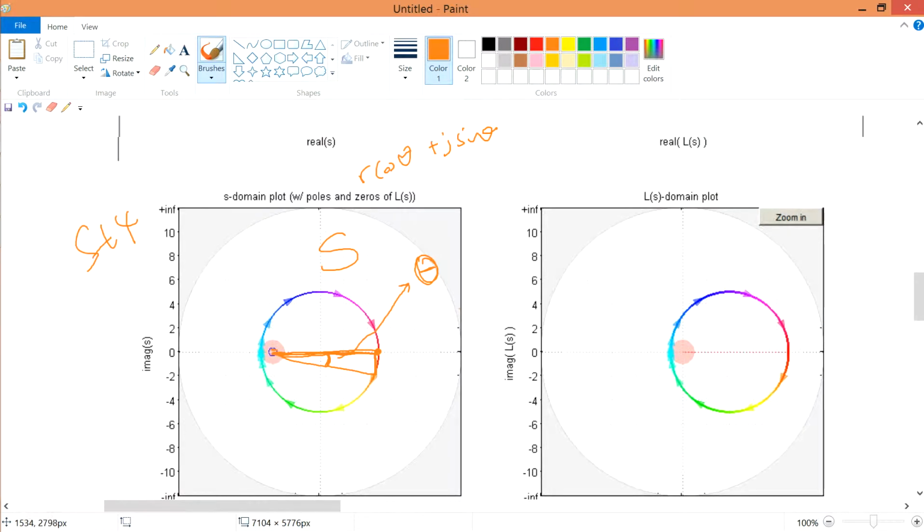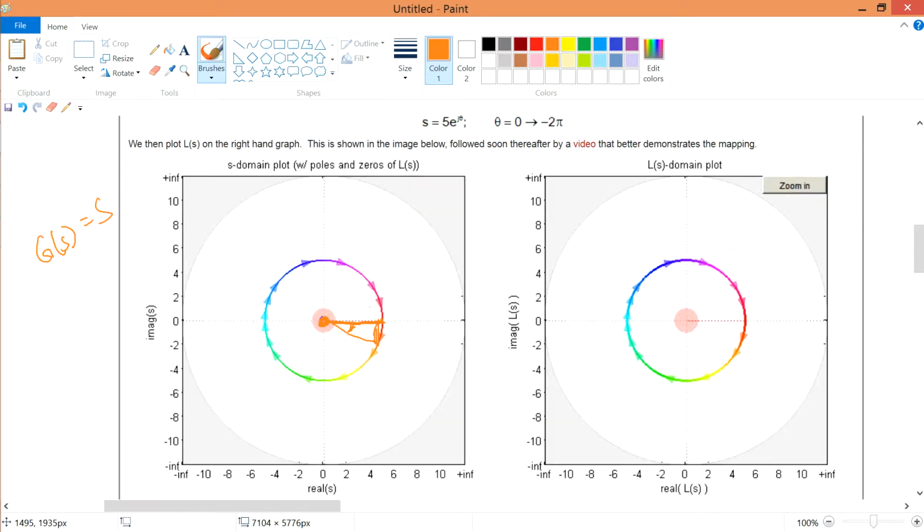Why is it different? For example, this magnitude is maybe 5, and this magnitude is -2. By definition, -2 over 5, opposite over adjacent, is equal to tangent theta. If I were to find theta, this angle is simply -21.5.